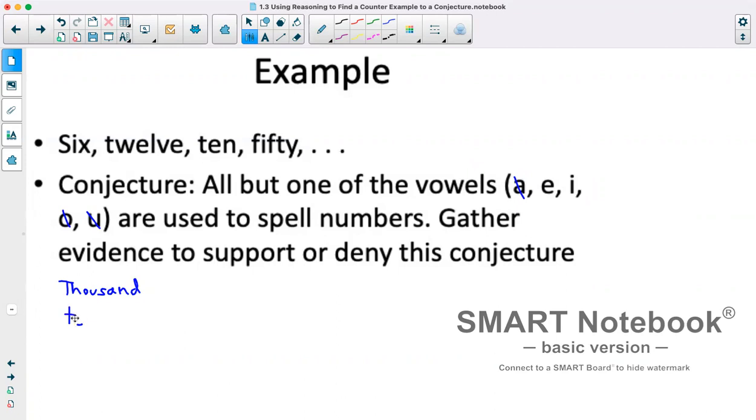So for example, 10 has an E in it and 6 has an I in it. So we've invalidated this by showing that all vowels are actually used in the spelling of numbers. There's not one that isn't used.